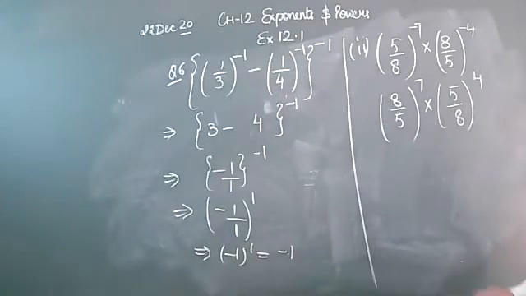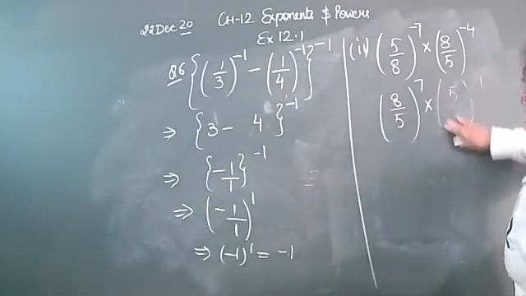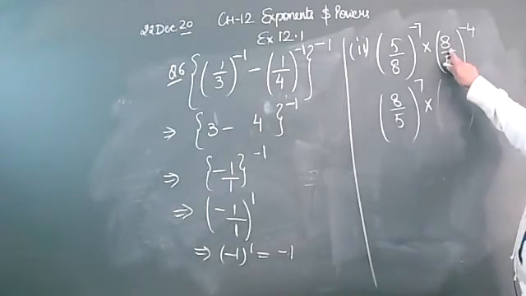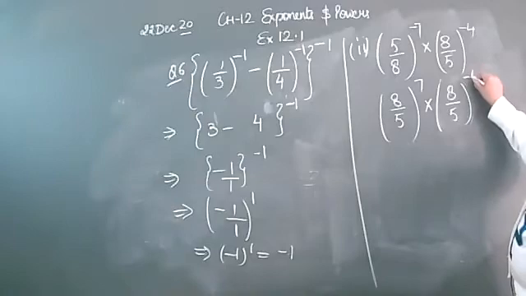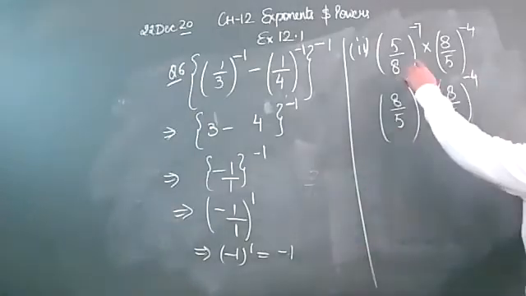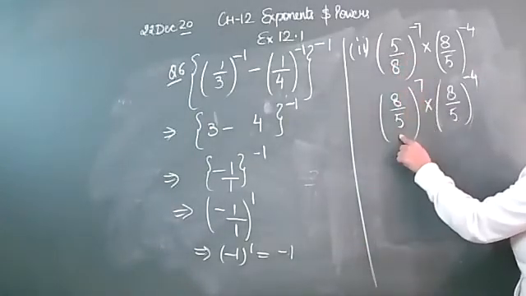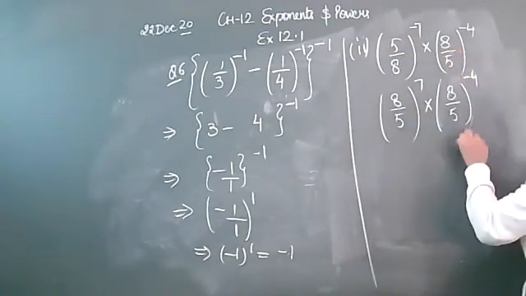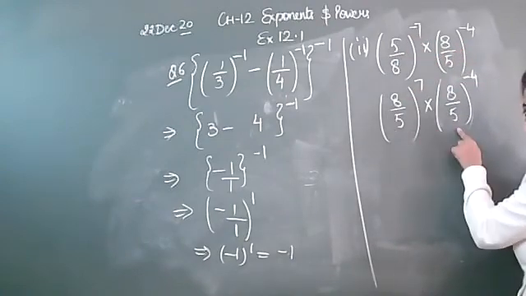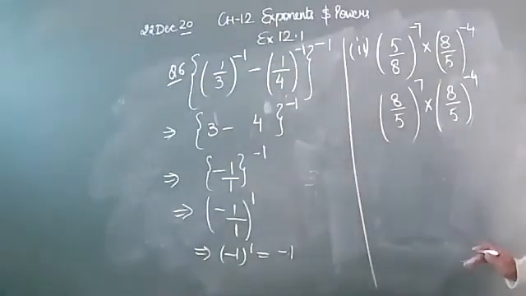But if you want to use the law here, one step you have to do: you can keep this second term as same. This I have written as a reciprocal, that will make the power minus 7 as 7, and this I have written same, that will make your base same if you want to use the law here.